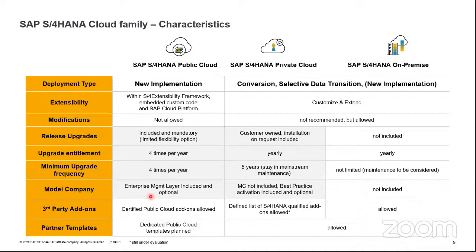We have third-party add-ons which are also available on the public cloud. Only the certified public cloud add-ons are allowed here. So we have a whitelist of the certified public add-ons which are provided by SAP. So in case you want to go with those add-ons, those are allowed with the public cloud offering. Again, with the private cloud as well, we have a defined whitelist of SAP qualified, S4HANA qualified add-ons, which is existing.